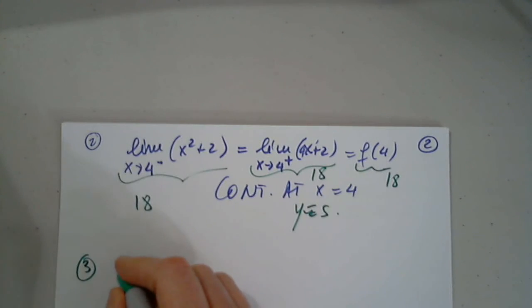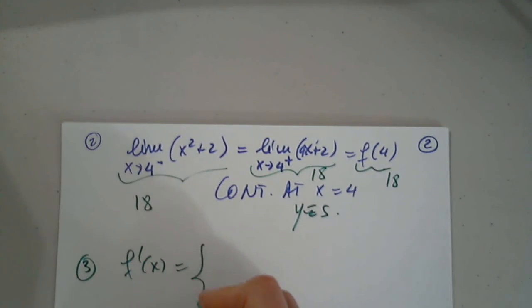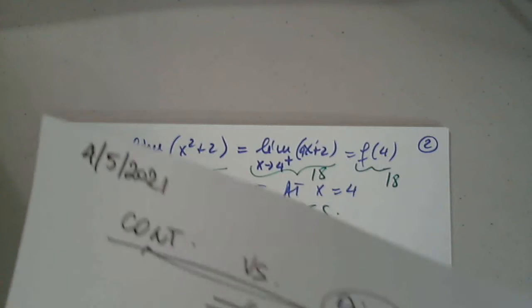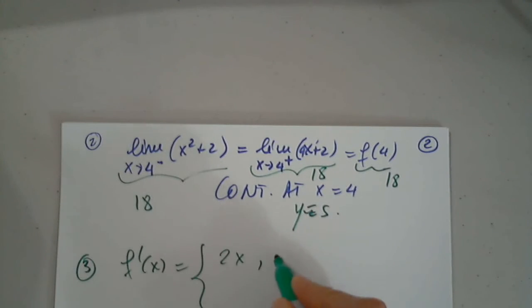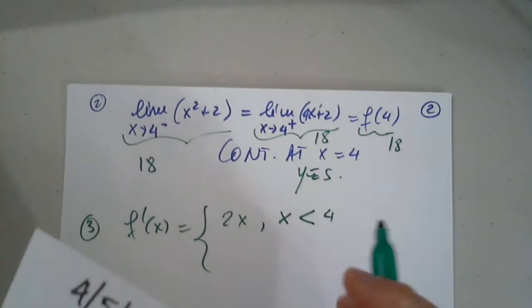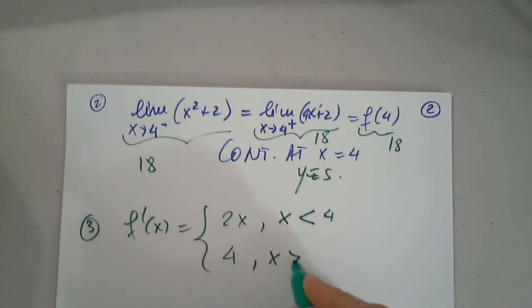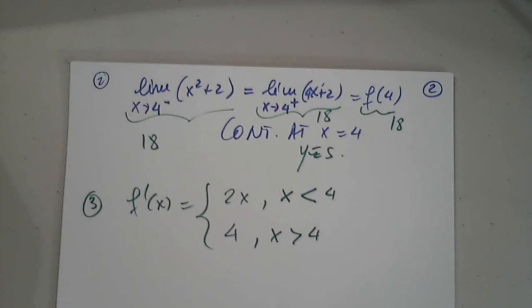In step 3, I will find f prime of x, and f prime of x in our case is 2x for x less than 4, not equal just yet, and 4 for x greater than 4. Only now I will establish whether both limits are the same.